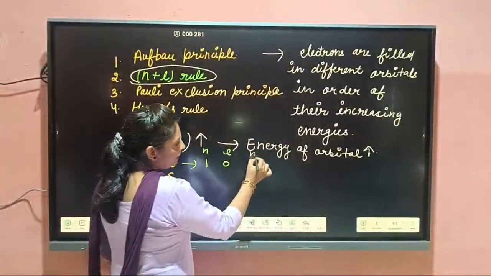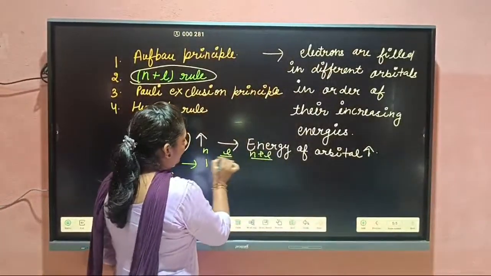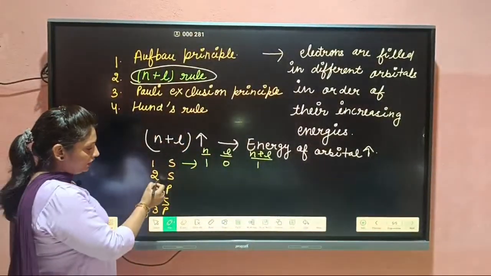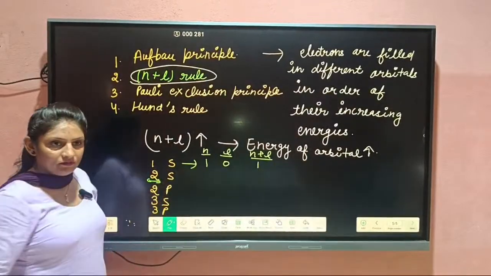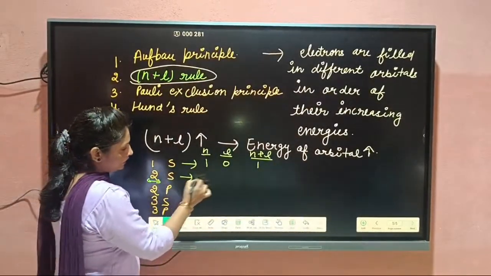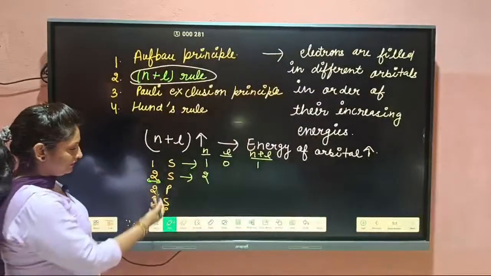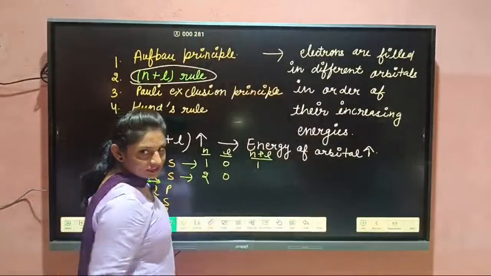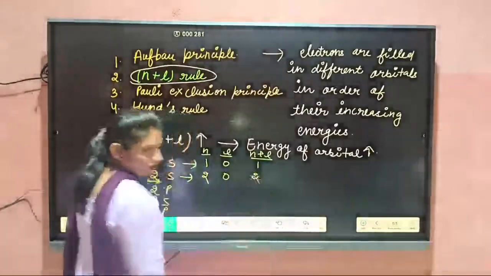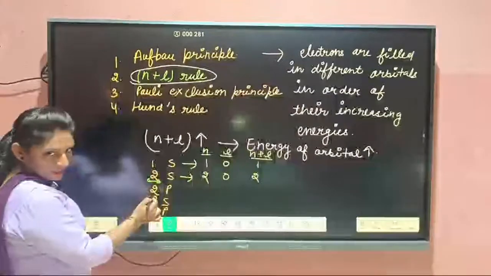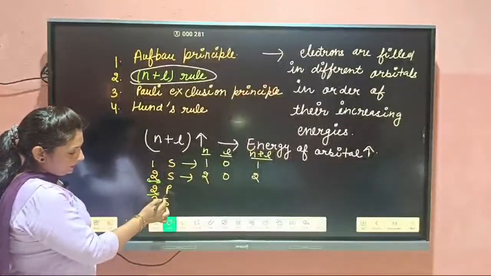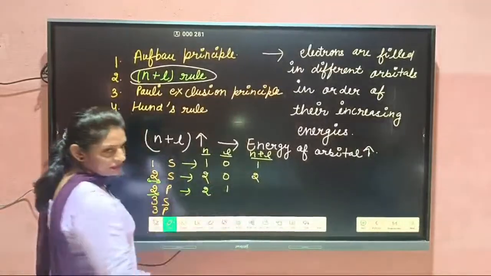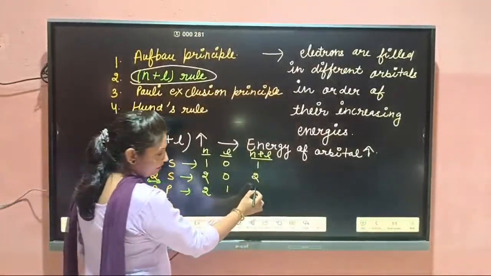So n plus l is 1. For 2s, n is 2 and l is 0, total n plus l is 2. For 2p, n is 2, and for p, l is 1. So total it is 3.